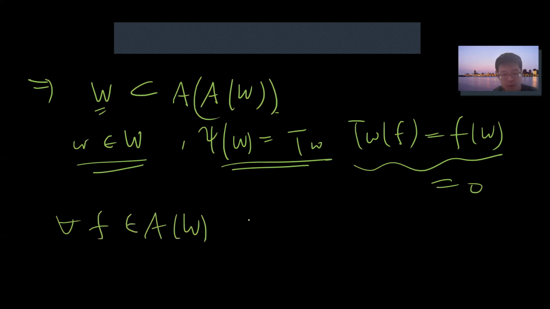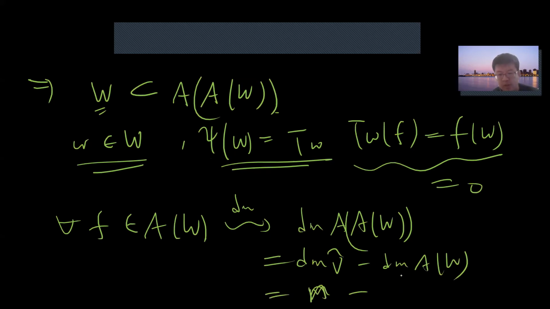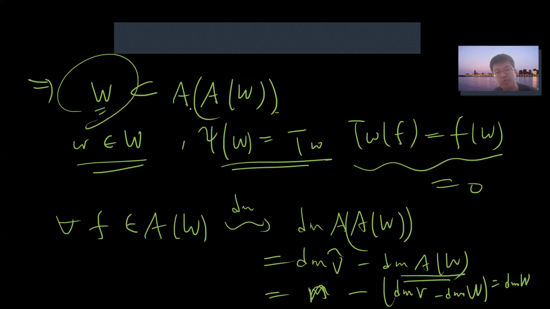Right, so this is true, but the dimension result tells you that the dimension of AAW is the dimension of V hat minus the dimension of AW, by the previous results. So the dimension of V hat is n, and the dimension of AW is already proved to be the dimension of V minus the dimension of W. So this is the dimension of W. So now we have W as a subspace of AAW, but they have the same dimension.